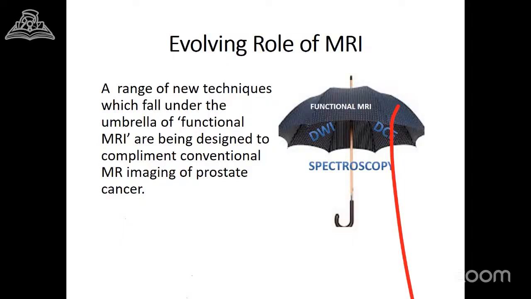They include diffusion-weighted imaging, dynamic contrast imaging, and MRI spectroscopy, all of which provide additional information about tumor cellularity, vascularity, and metabolism, improving overall lesion detection and characterization.